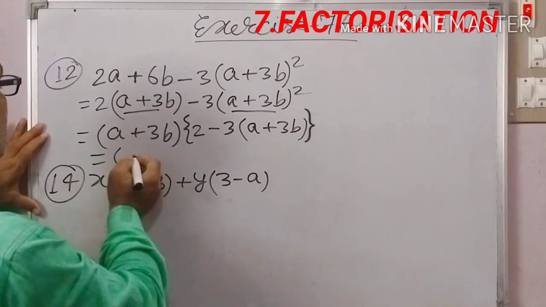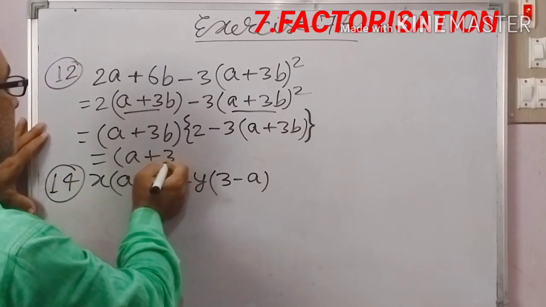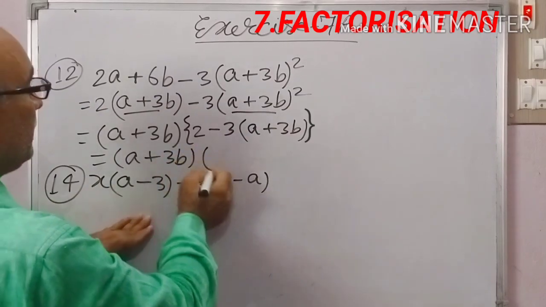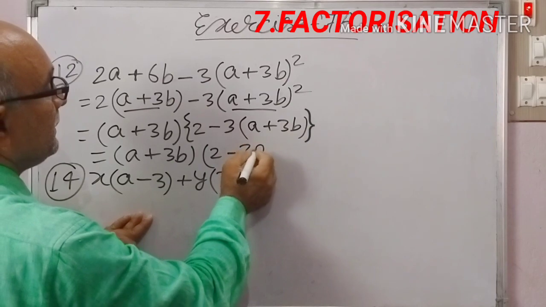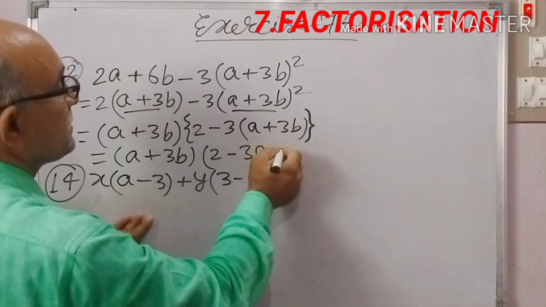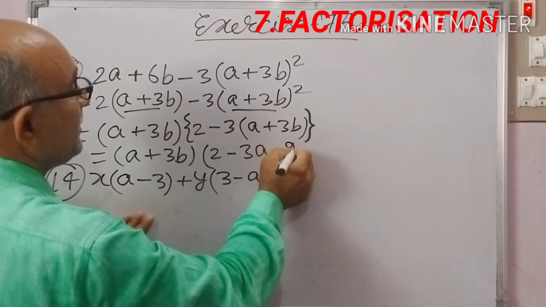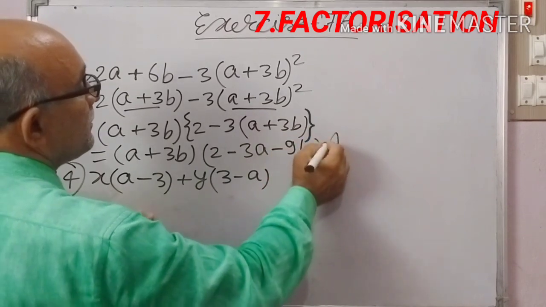Equal to a plus 3b into 2 minus, remove bracket, 3a minus into plus, minus 3 3s are 9b. Answer.